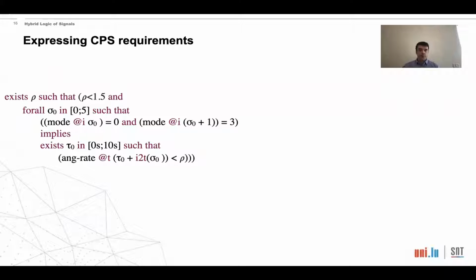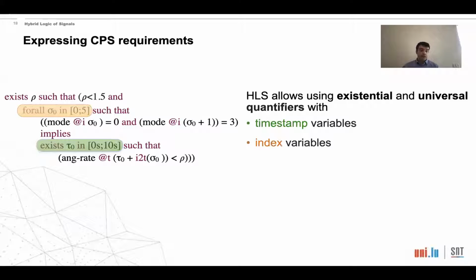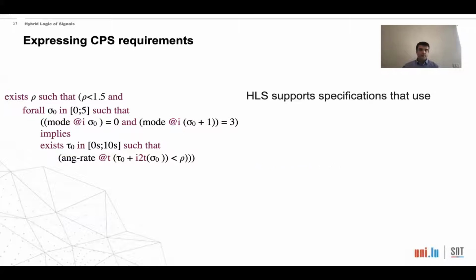Due to time constraints, we use a portion of the previous requirements to describe the properties of this logic. The hybrid logic of signals allows using existential and universal quantifiers to quantify over the values assumed by timestamp variables, index variables, and real value variables.